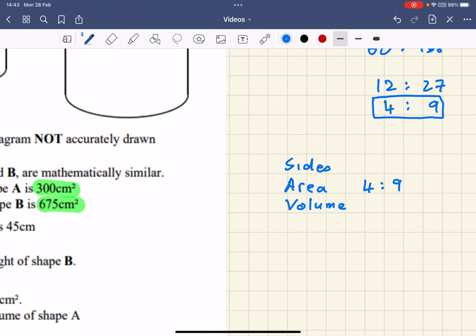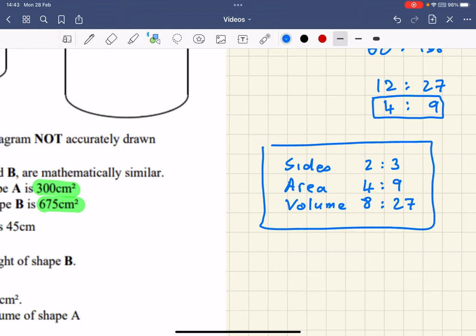Now the sides are the square root of the area. That's 2 and that's 3. Because if I had the sides, I'd square the 2 to get the 4, I'd square the 3 to get the 9. To get the volume, I cube the sides. So 2 cubed is 8 and 3 cubed is 27. And this is going to be an important ratio table for me to use.